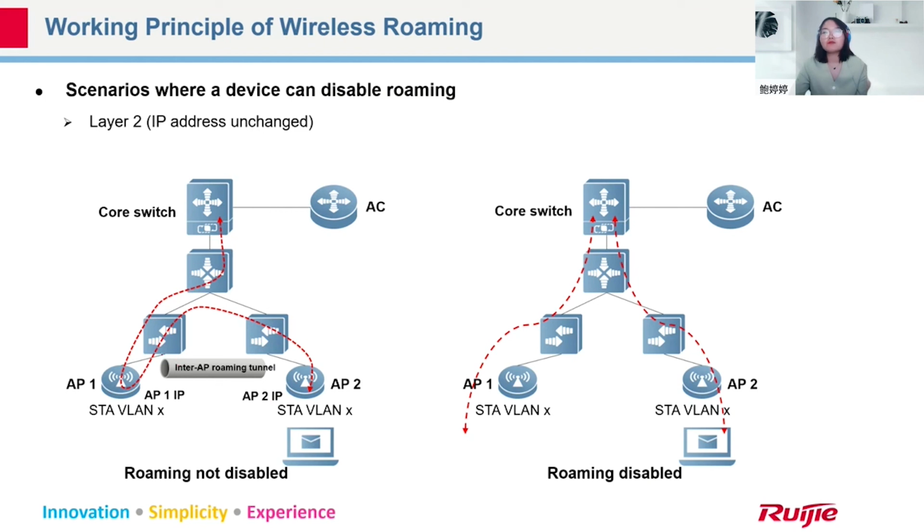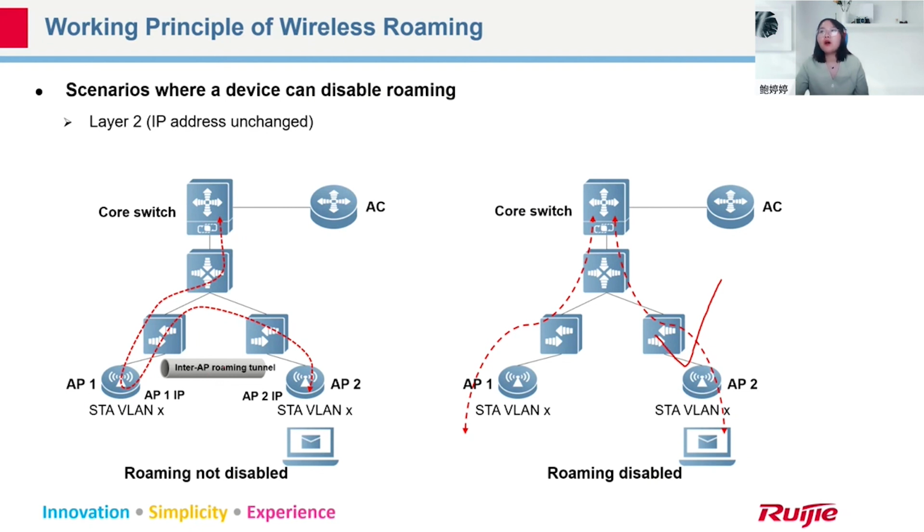Compare the right one and the left one. The path without roaming is better for the traffic. In the second one, we have to forward the message to AP1 and let AP1 forward it for us. If the traffic is very big, this is a big pressure for AP1. AP1 needs higher performance to forward the traffic.